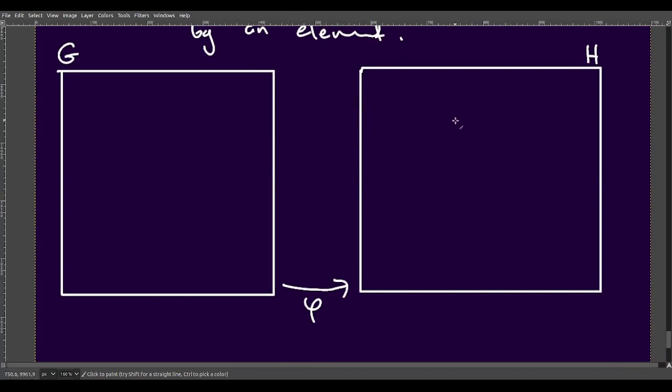It means that for any element in H, we have at least one element in G which gets mapped to it, so you can cover all of H. In some sense, you can take a point and there always exists something in G which gets mapped to it.